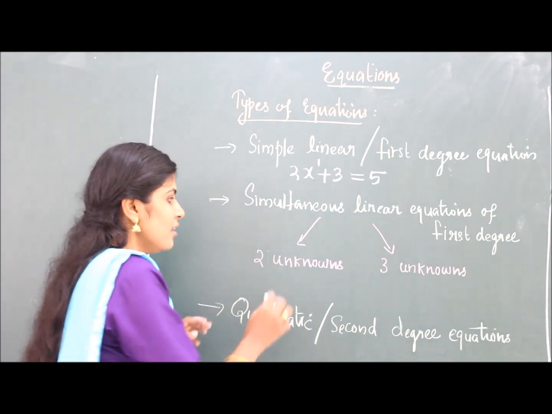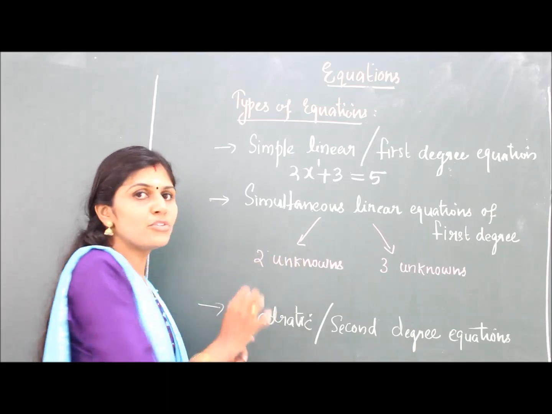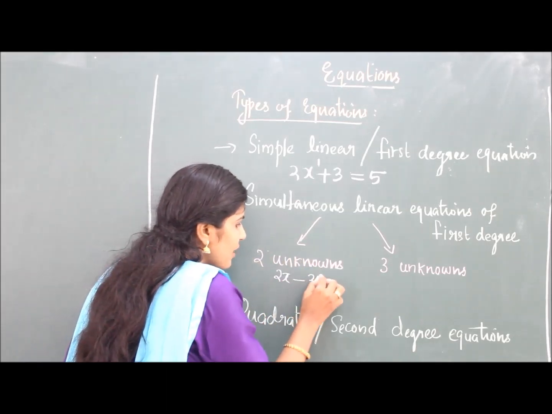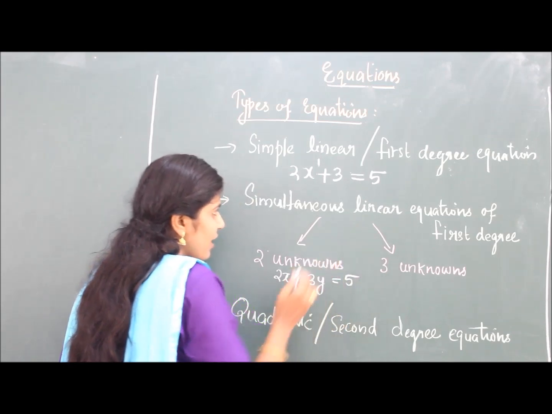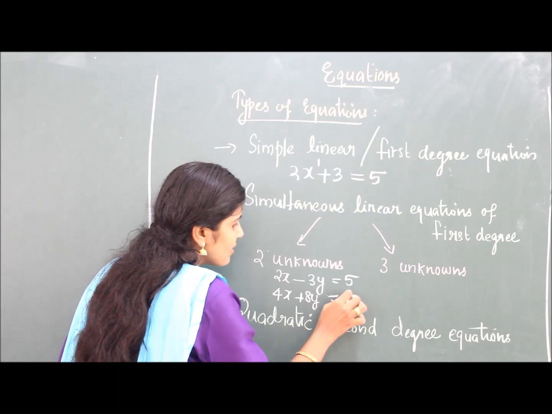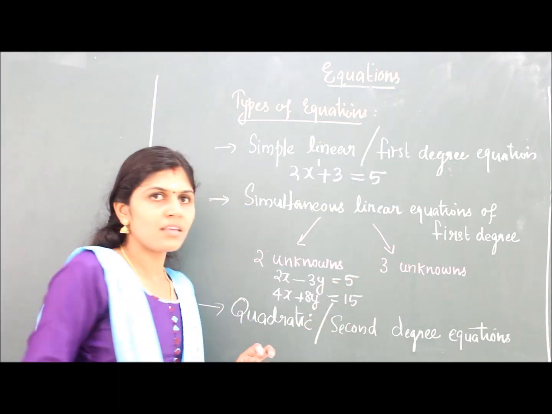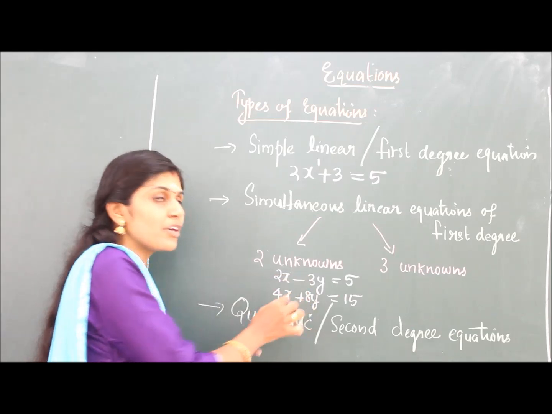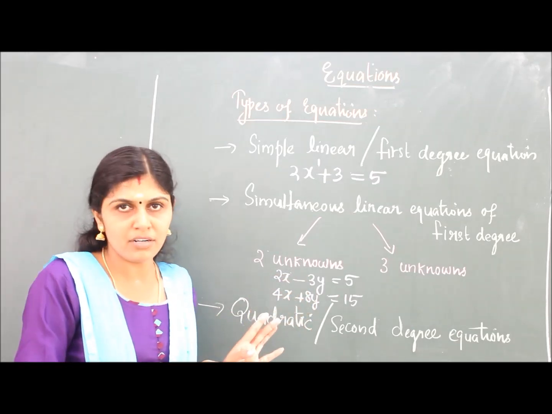As an example, for simultaneous equations in 2 unknowns, I can write 2x minus 3y is equal to 5 and 4x plus 8y is equal to 15. So this is not a simple equation, it is a system of equations because it contains more than one.